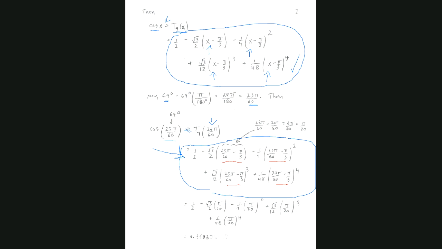I get the same common denominator. That gives me 3 pi over 60, or pi over 20. So everywhere we see 23 pi over 60 minus pi over 3, we can replace that with pi over 20. And so this gives us a simplified thing to compute.